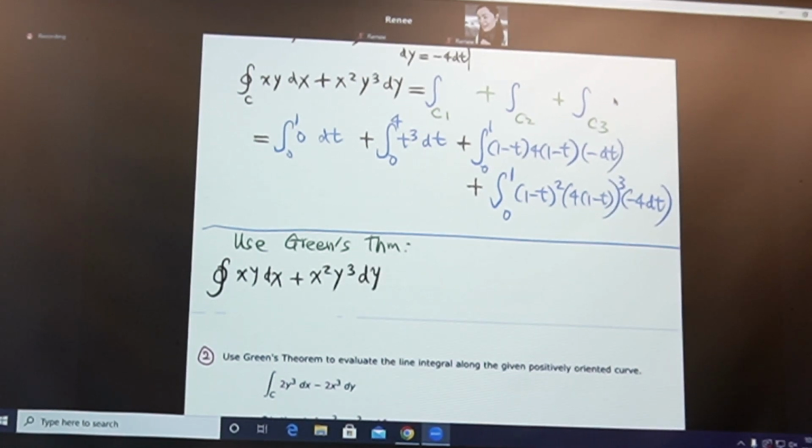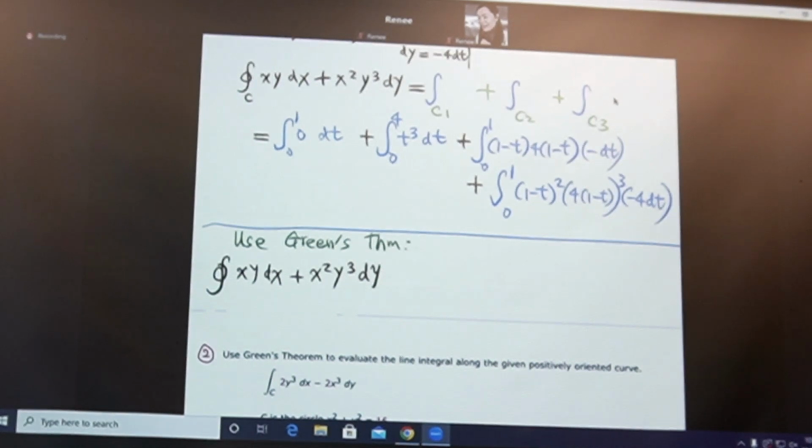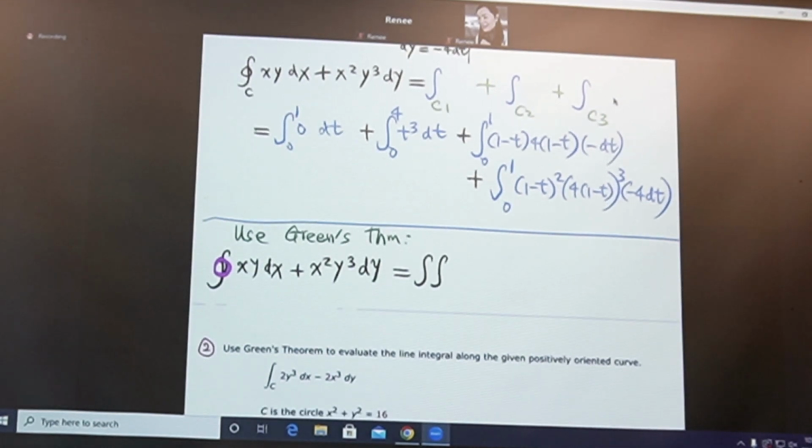Now using Green's theorem, what does this say? This single integral, remember, this is over the boundary. That's equal to a double integral over the region. Let's call that region D. And what should I put over here?